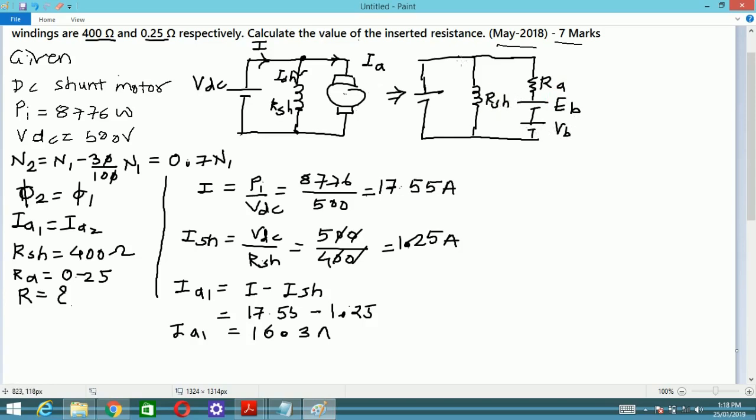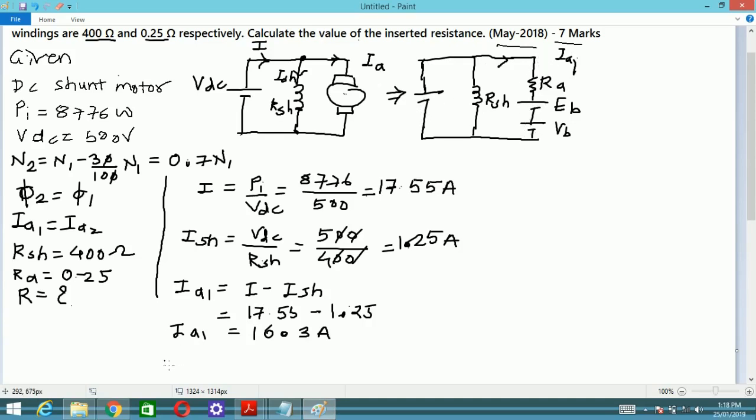Recently I have calculated the current flowing through the armature, that is the current flowing through this part, which is given as 16.3 ampere, IA1. So I can calculate the value of EB. Apply Kirchhoff's voltage law across this circuit. Now this is a closed circuit. As discussed, the voltage is applied across this terminal also.